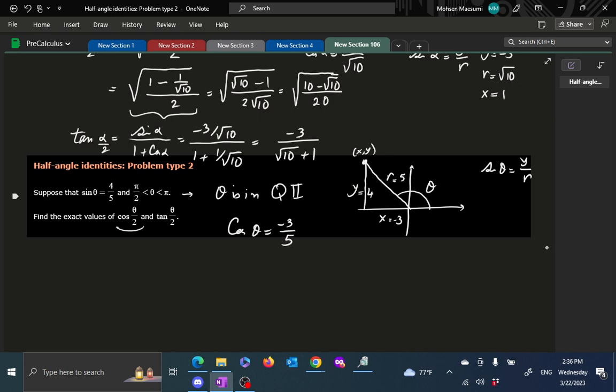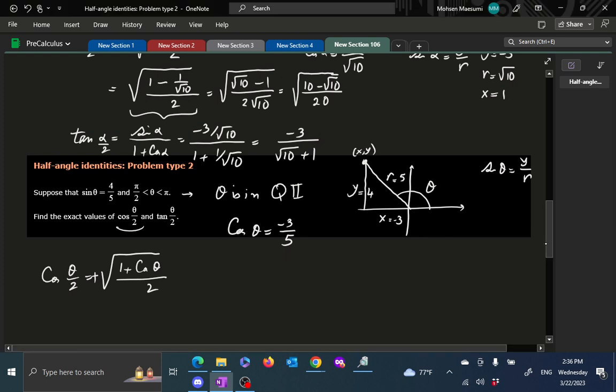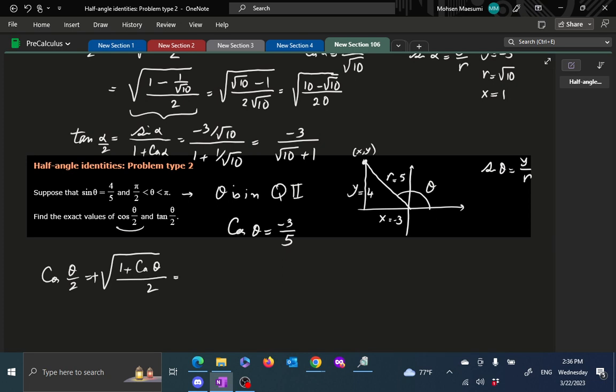Now, if I want to get cosine of half of this angle, first of all, it's positive because we are in the first quadrant. Then it is plus the radical of 1 plus cosine of theta over 2, so 1 minus 3/5 over 2.